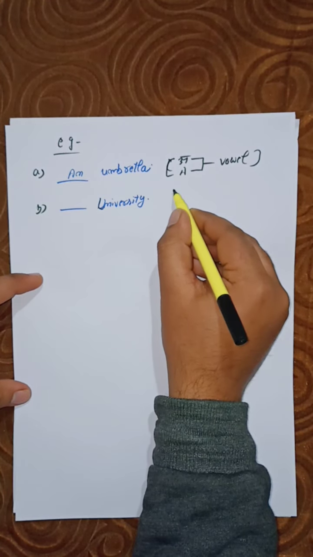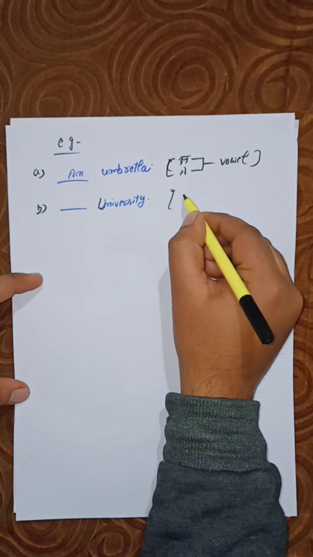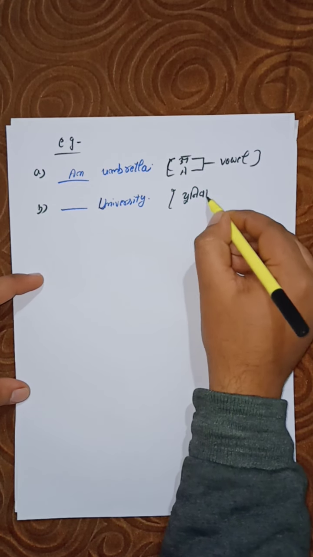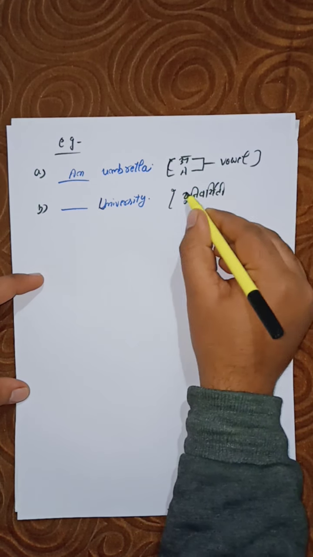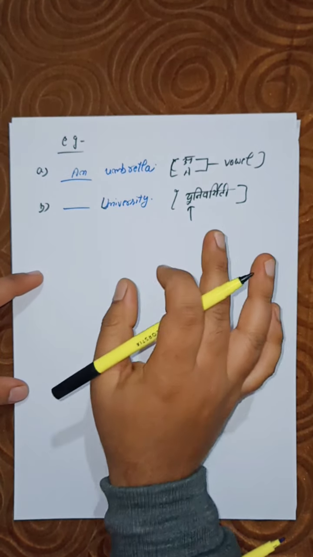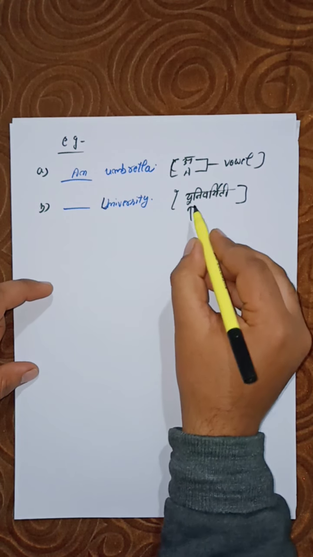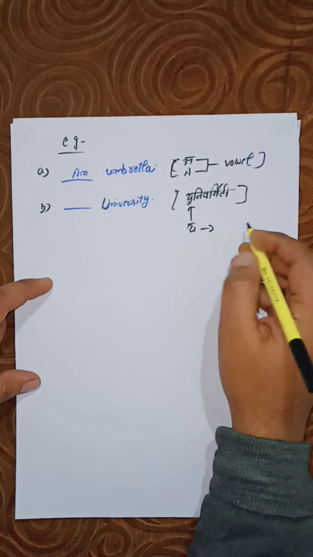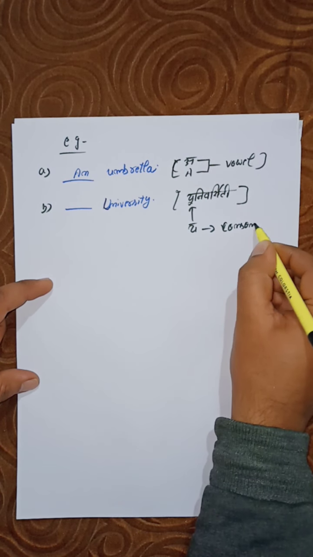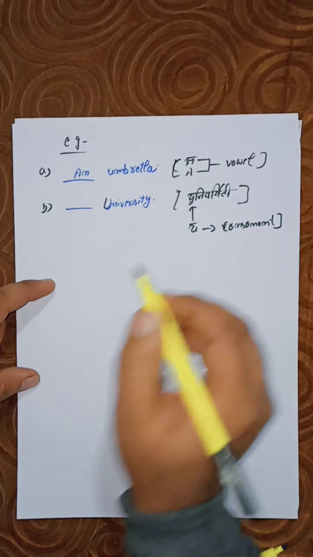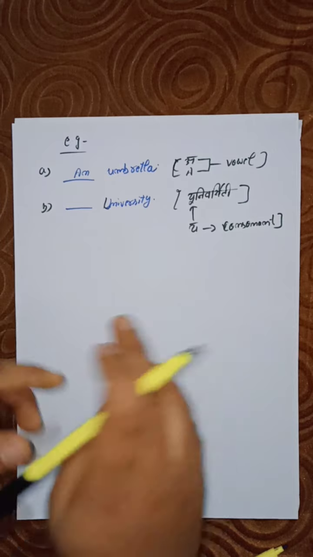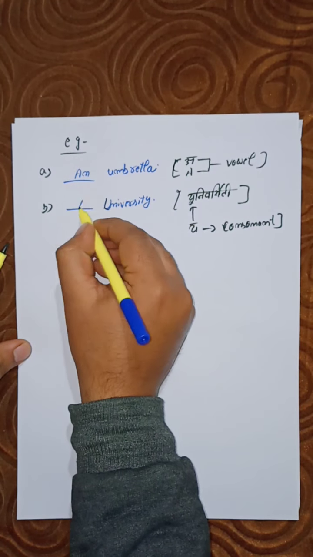As we see its pronunciation, in the English language, university begins with the sound yu, and in Hindi, ya is not a vowel but a consonant. According to the rule, when a consonant sound comes, we will use a here. So this is the rule.